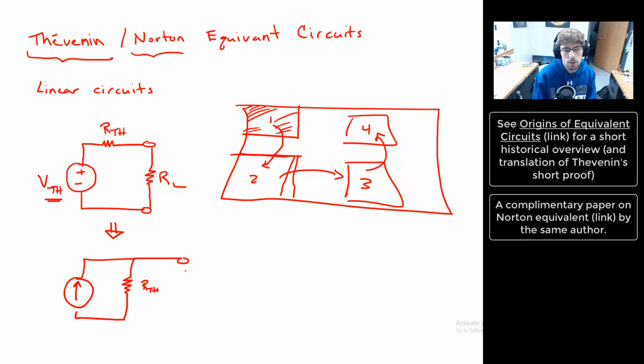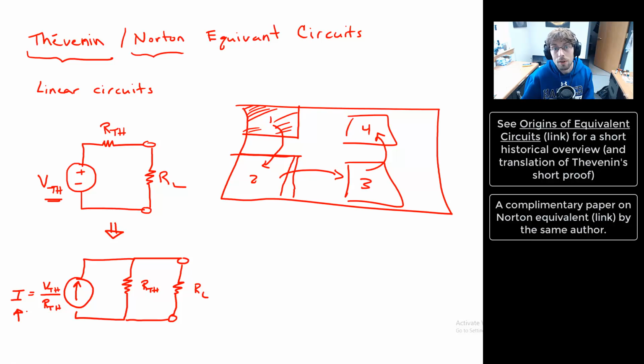And then, of course, you can have your load resistance, R load, right here. The current supply has a value of the Thevenin potential over the Thevenin resistance. And this is sometimes called the Norton current. Okay?